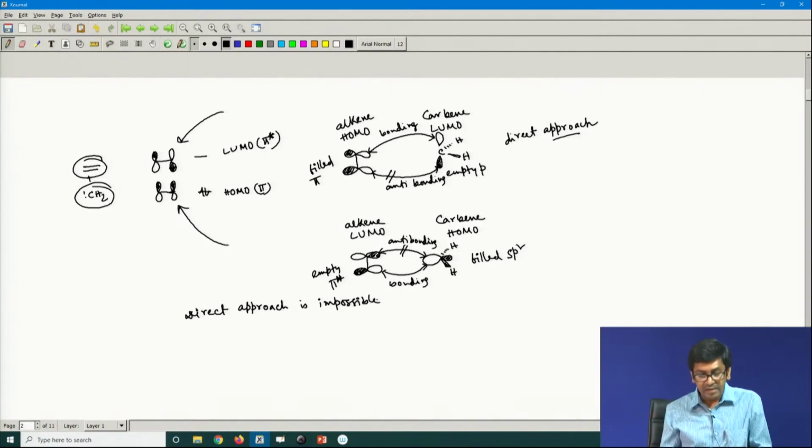But definitely the reaction is happening. So, what is the way that it is interacting then? Okay, this is making the bonding interactions. So, let us again see the corresponding olefin's HOMO.